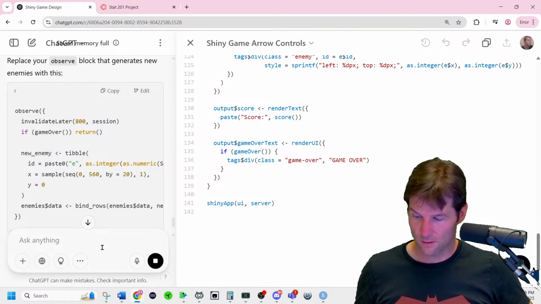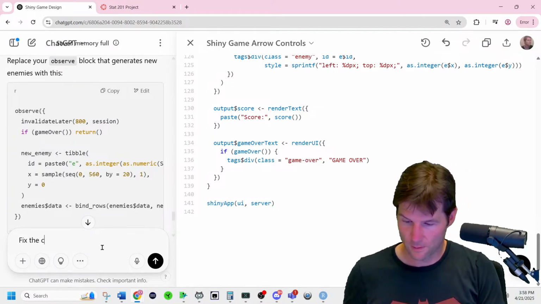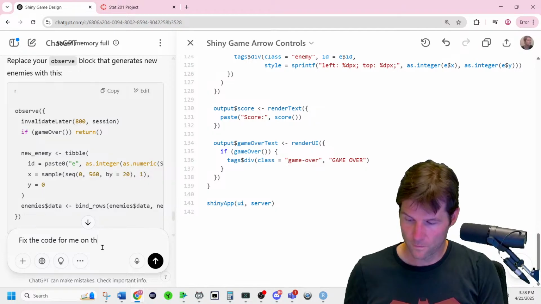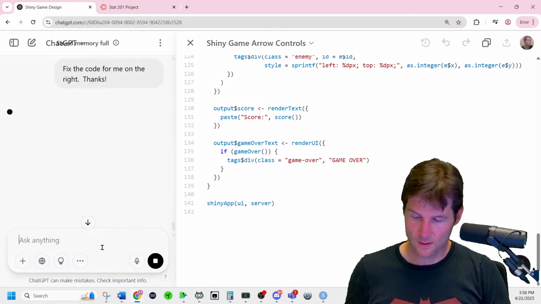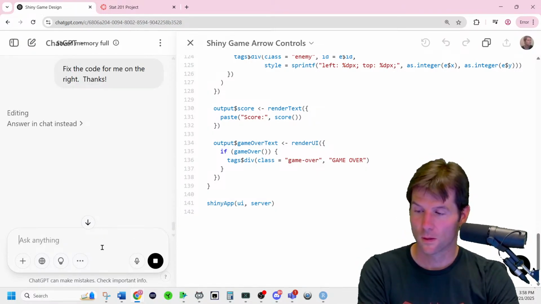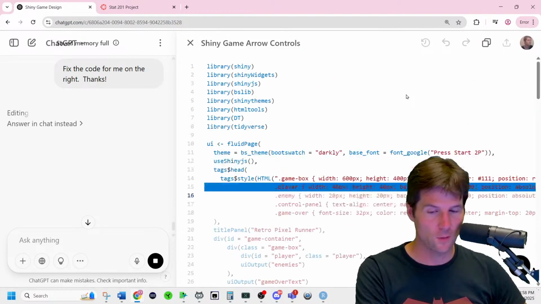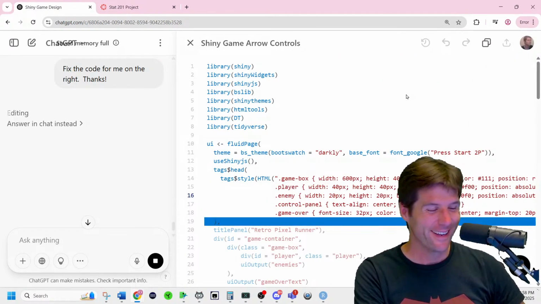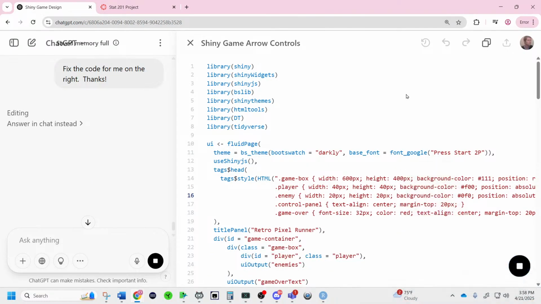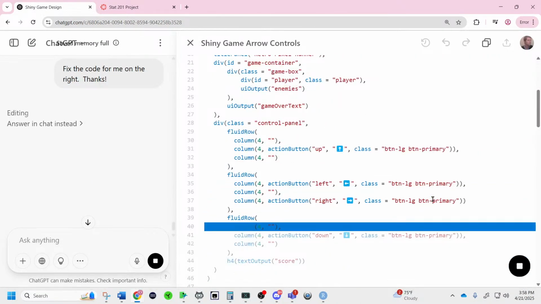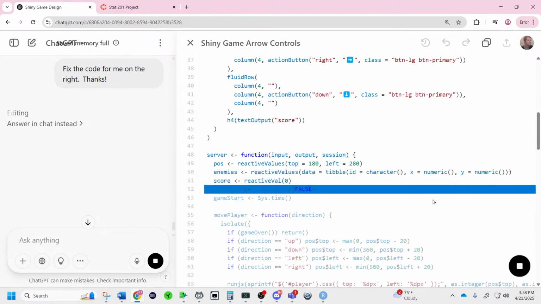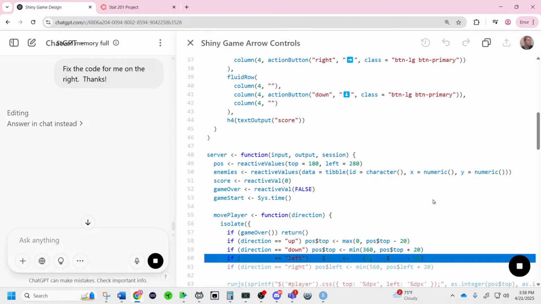Wait, fix the code for me. Thanks. There we go. I don't want to edit code. You can edit the code for me. Like, why do I need to edit it? If you tell me where the error is and you know exactly where it is, go fix it. Don't tell me to fix the code.